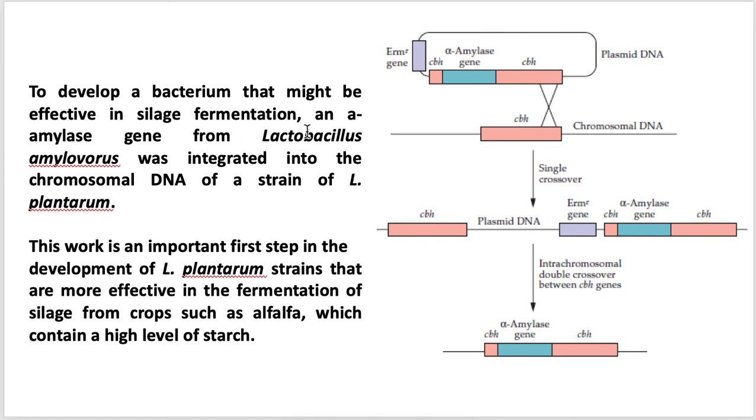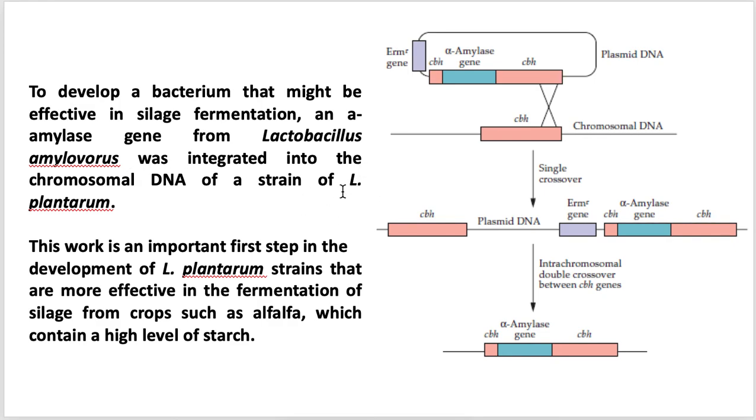Say a gene for alpha amylase was isolated from Lactobacillus amylovorus bacteria, and then it was integrated into the chromosome of L. plantarum.